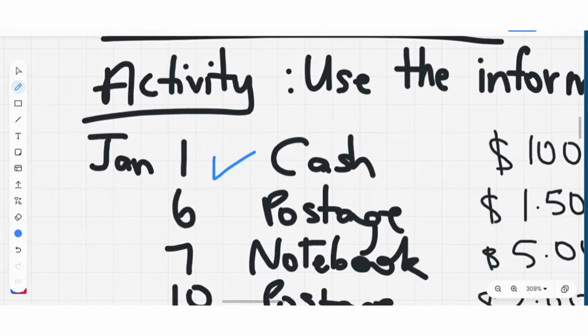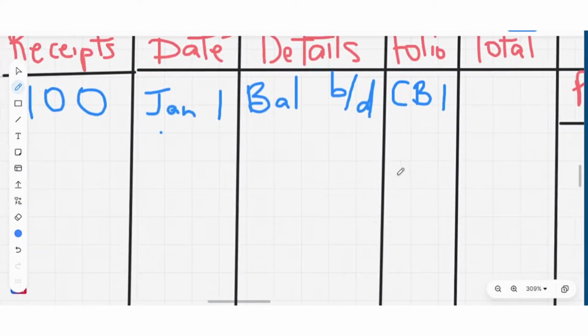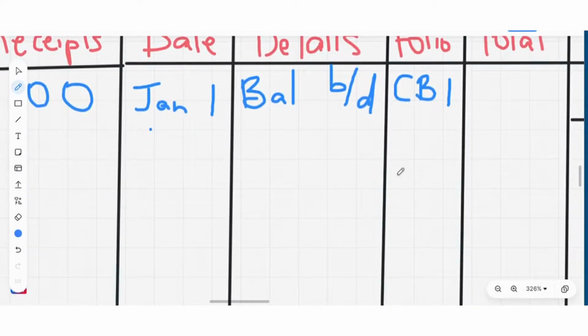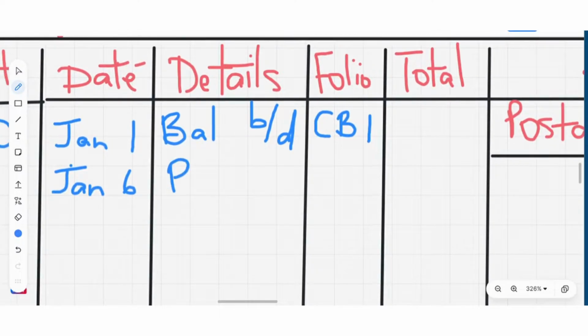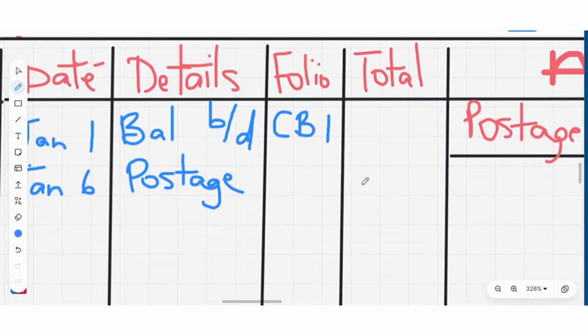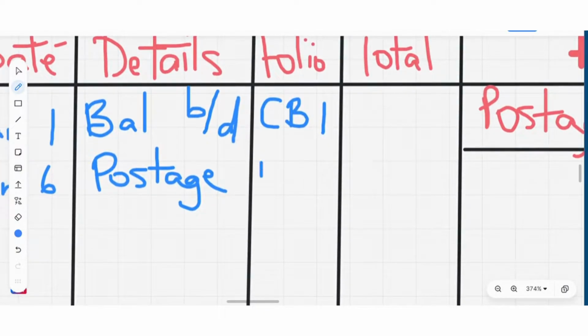That's check off. So January 6 now, it says that for postage, $1.50. So you go back here. So you write January 6 details column. You're gonna write postage. And then when the transactions are recorded in the petty cash, it is also recorded on the petty cash voucher.